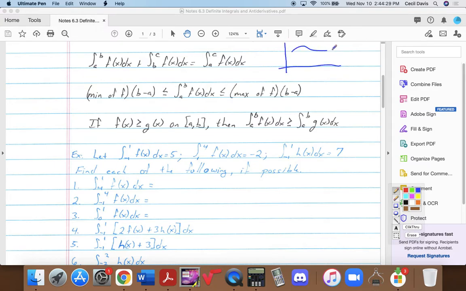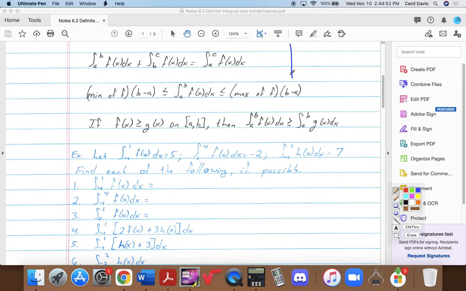So if you've got y equals f of x, and this is a, and this is b, and this is c, everybody's happy that the integral from a to b, which is this area, plus the integral from b to c, is equal to the integral from a to c.